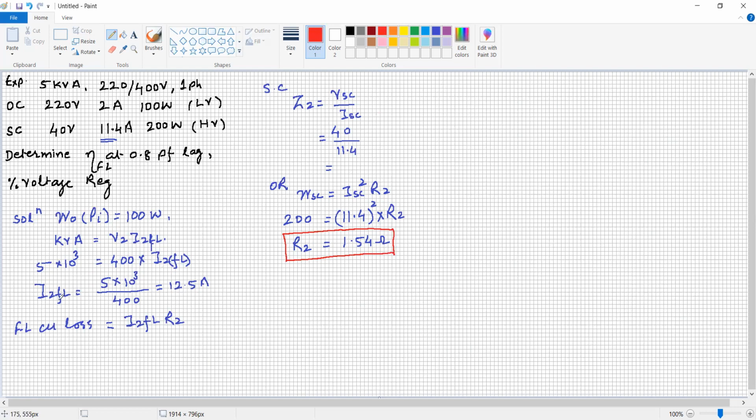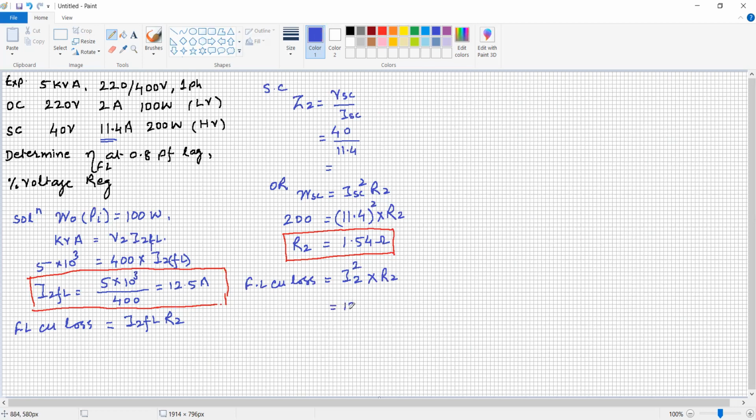So that is one parameter, and the second important one is the current I2, the rated current in the secondary. Now, full load Cu loss is equal to the full load current in the secondary winding multiplied by R2.